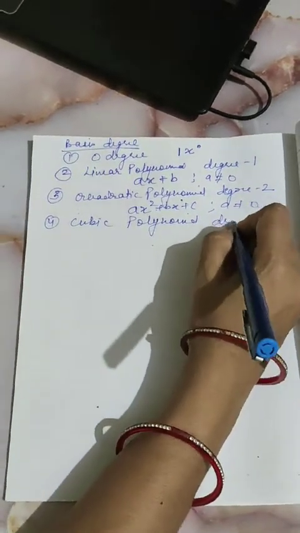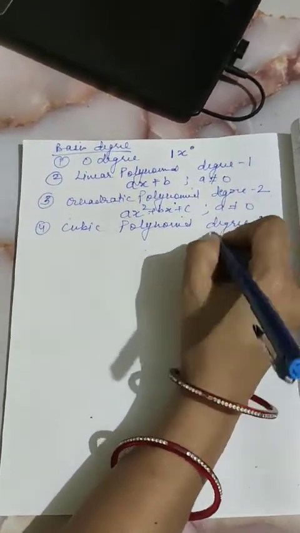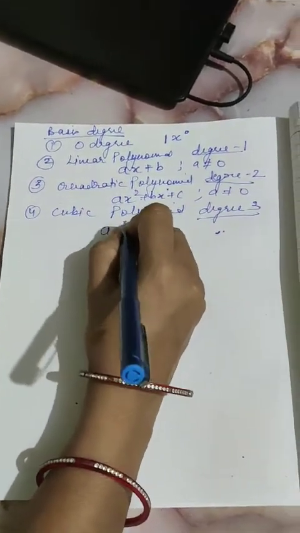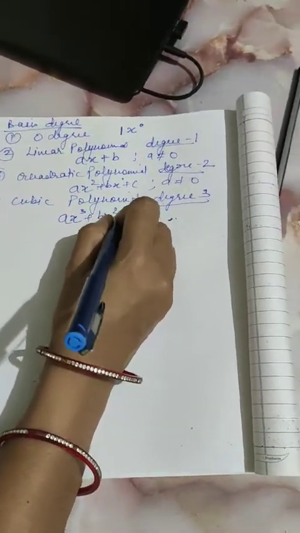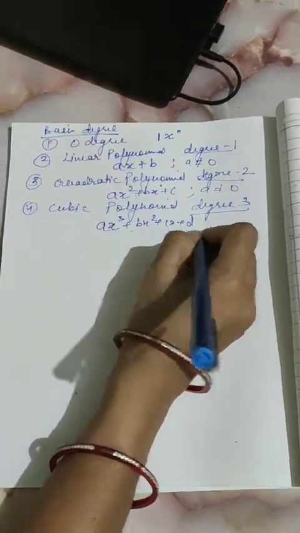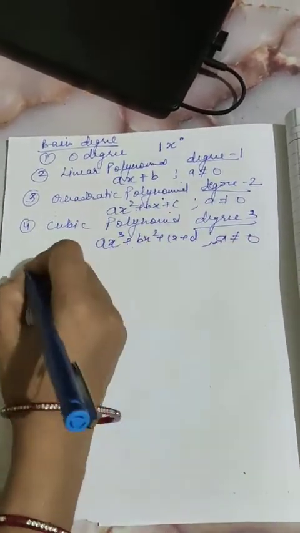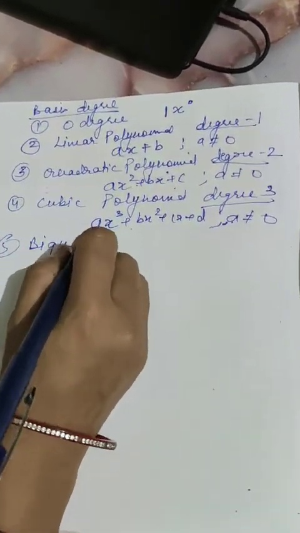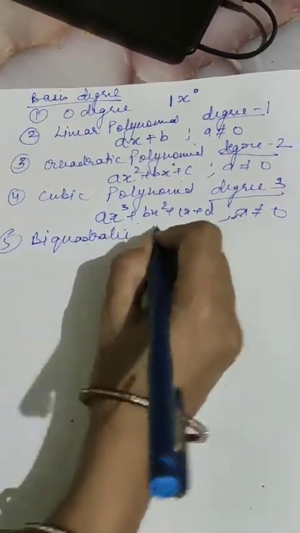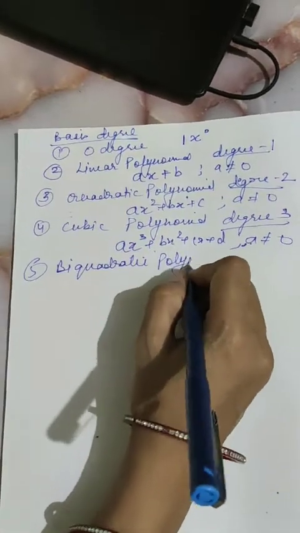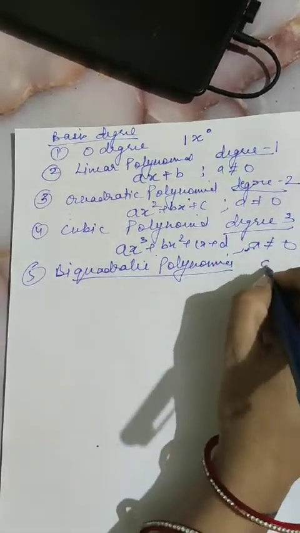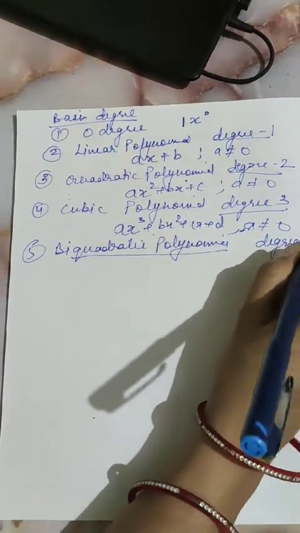It's a polynomial with degree 3. So the general form is ax cube plus bx square plus cx plus d. The next is biquadratic polynomial. It's a polynomial with degree 4.